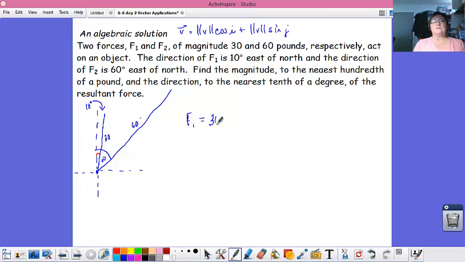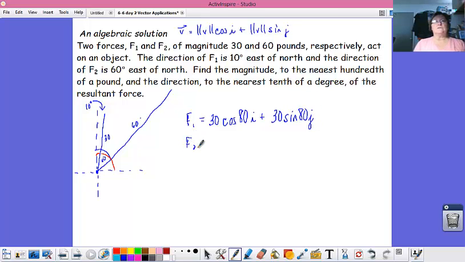The angle of this vector is the angle that it makes in standard position, so not the 10 degrees that we've marked, but the rest of it. That would be 80 degrees there. So we need that 30, the magnitude, times the cosine of 80 in the i direction. And we also have a magnitude of 30 times the sine of 80 in the j direction.